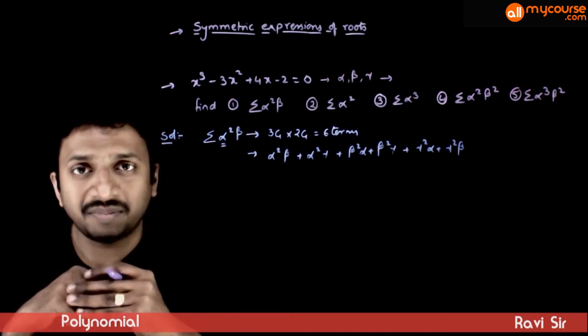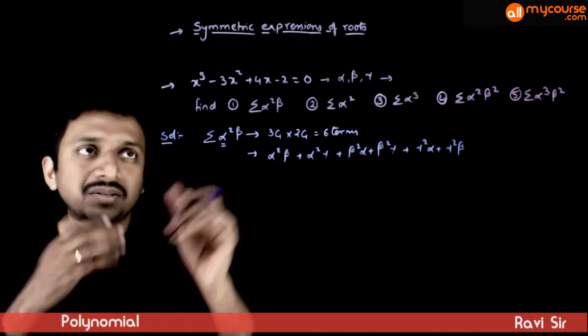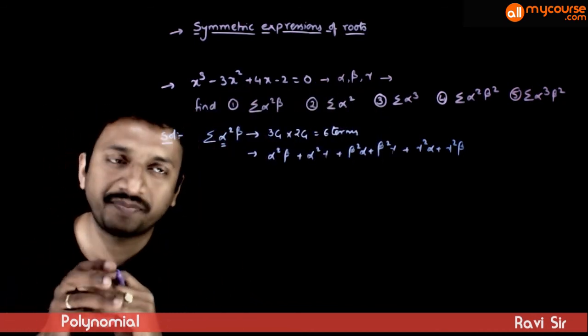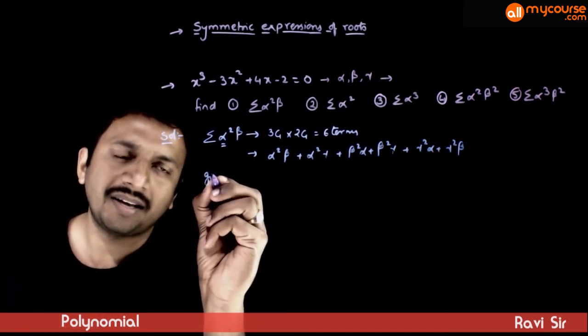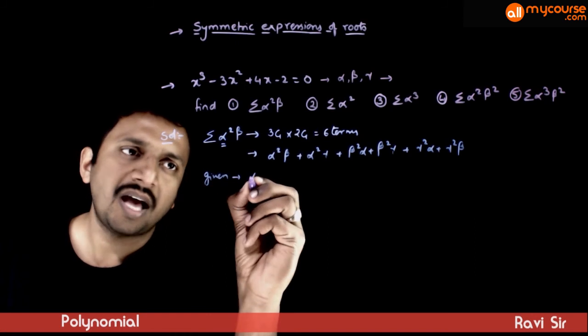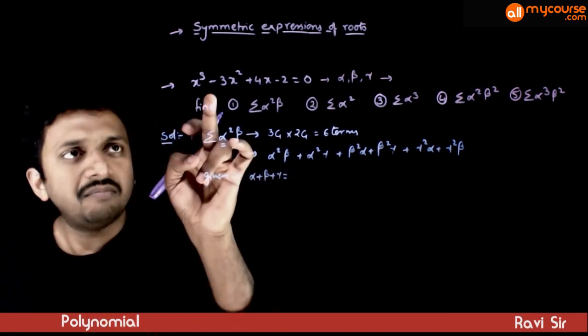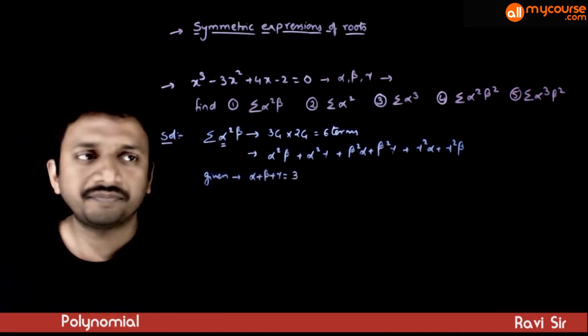So this is the sum which you need to find. So to find this sum, what are the things that I know beforehand? I know the relation between the roots and the coefficients. So what are the given relations? Alpha plus beta plus gamma is equal to minus of second coefficient by first coefficient, which is equal to 3.